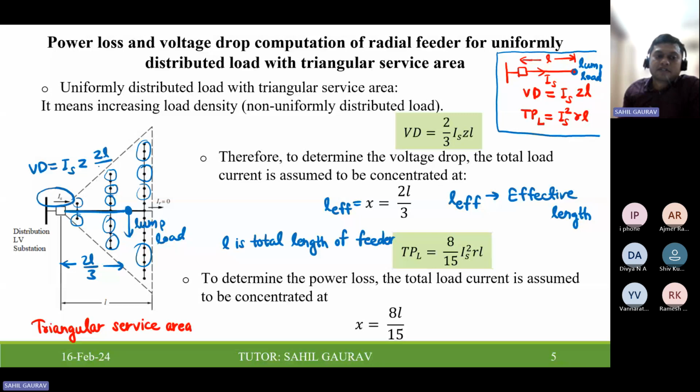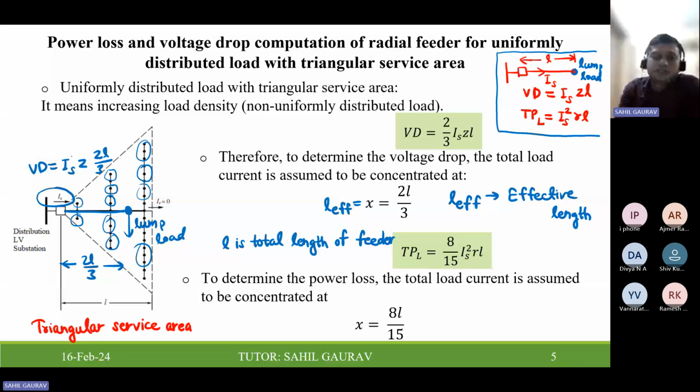So the similar expression will come for load service area. For the comparison basis, from this comparison only we are finding this effectively. We are comparing with this lump load connection, not with uniformly distributed load.